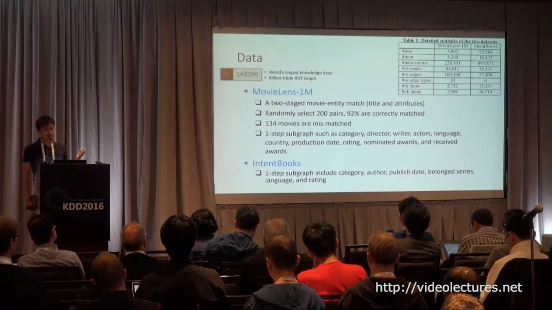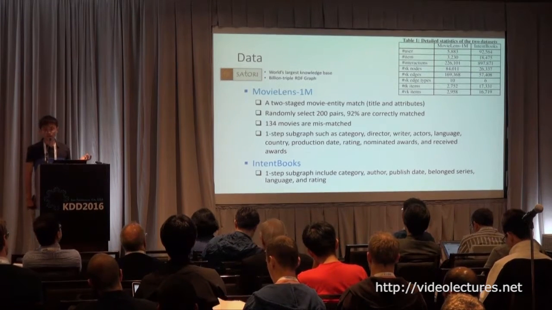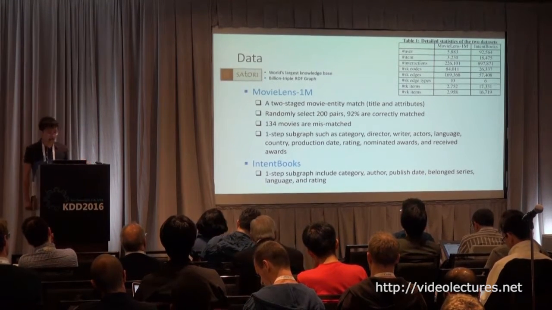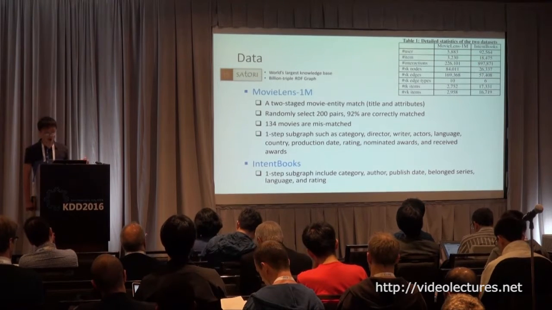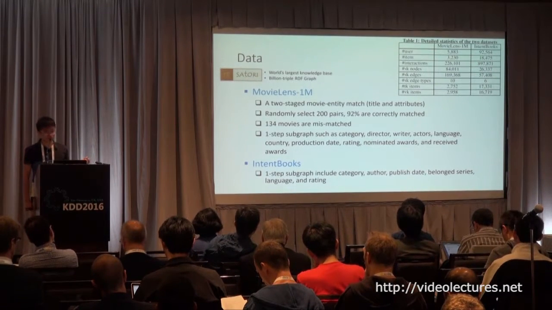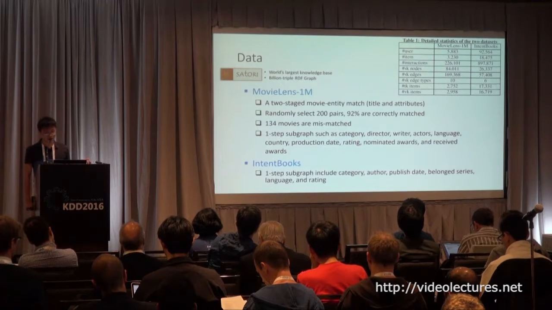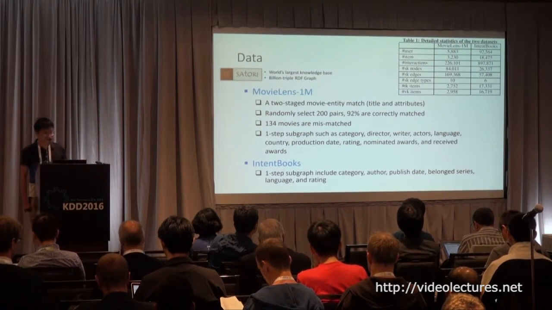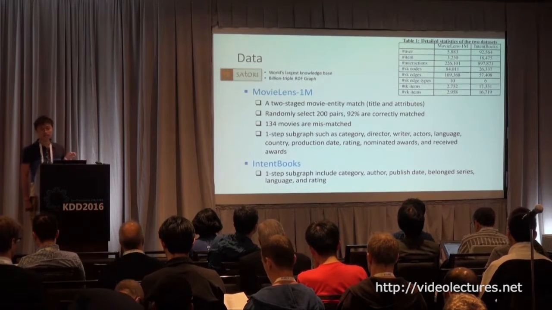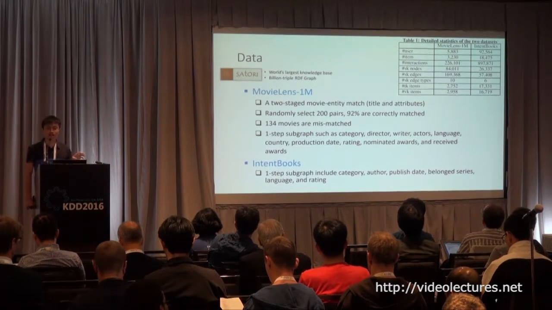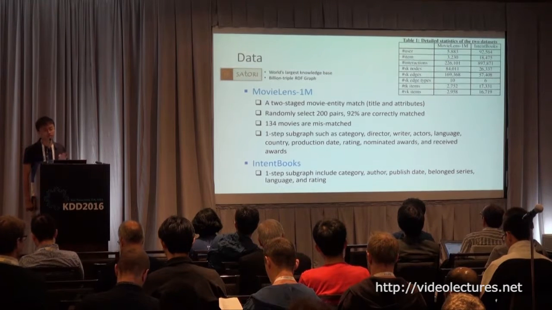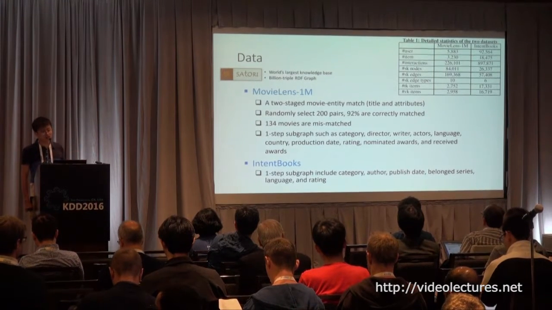And to build the structural knowledge for this MovieLens dataset, we use the one-step subgraph, such as the category of the movie, the director, the writer, the actors, and so on. And for the second dataset, IntentBooks, since these book entities are already entities in this knowledge graph, we didn't need any matching algorithms.